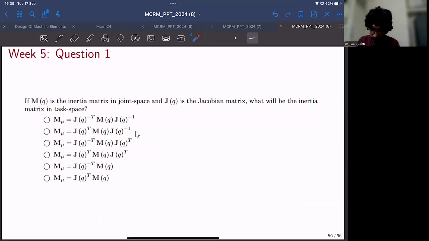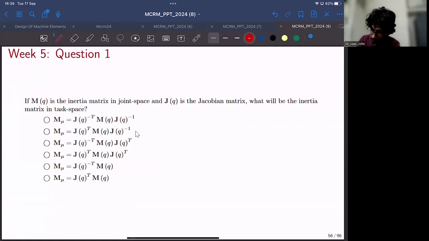So this was also a typical question. For a given mass matrix and the Jacobian matrix in joint space, how do you find out the mass matrix expressed in task space? Right?